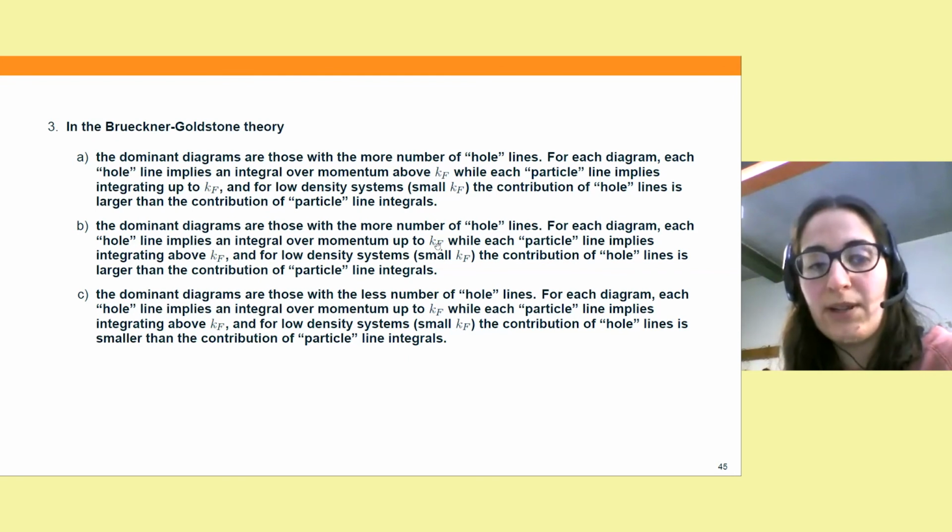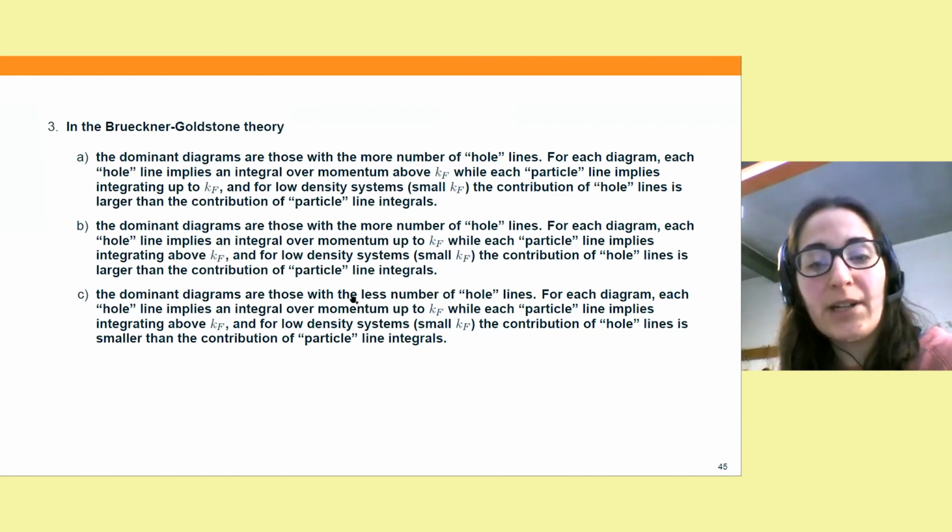Hole lines is integration up to KF. It's below the Fermi sea, while particle lines are integrations above the Fermi sea. And the contribution of the hole lines is larger than the contribution of the particle lines. This part is false, okay? The contribution of the hole lines is smaller than the contribution of particle lines.